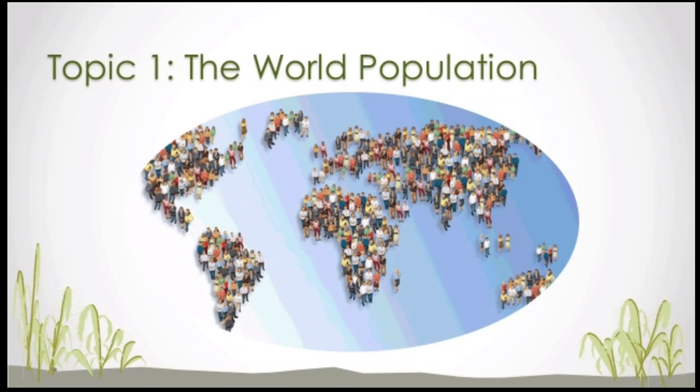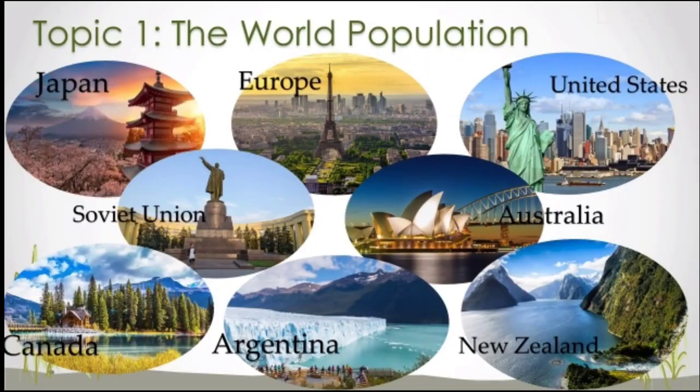Among the industrialized countries, Japan and most of the countries of Europe are now growing relatively slowly, doubling their populations in 50 to 100 years. Another group of industrialized countries like the United States, the Soviet Union, Australia, New Zealand, Canada, and Argentina are doubling their populations in 30 to 40 years, approximately the world average.